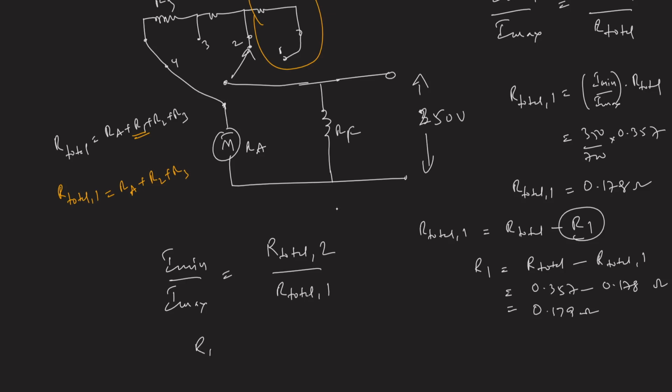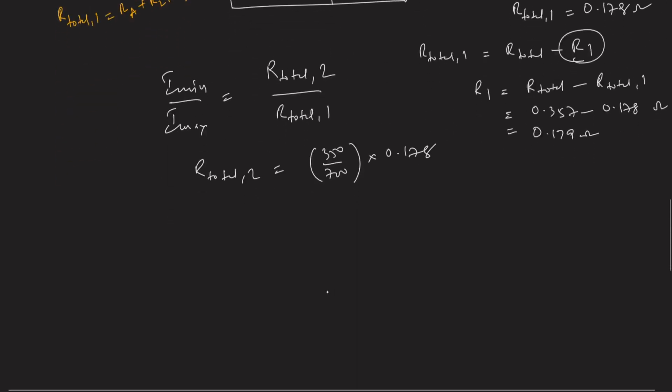So R total comma 2 is equal to I minimum by I maximum, 350 by 700, into R total comma 1, which is 0.178. So what is this value? 0.089 ohms. So this is R total comma 2.